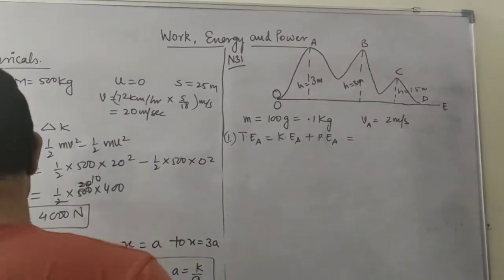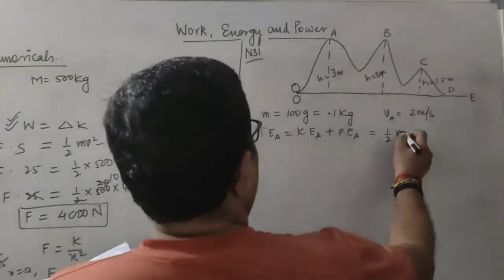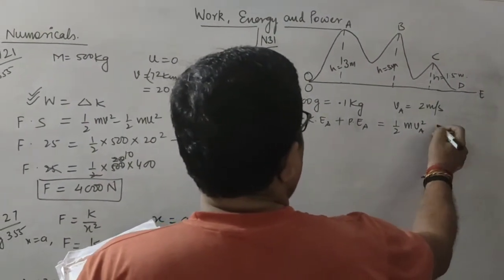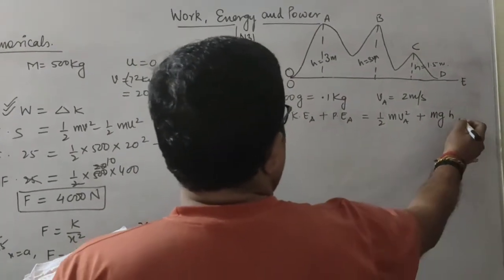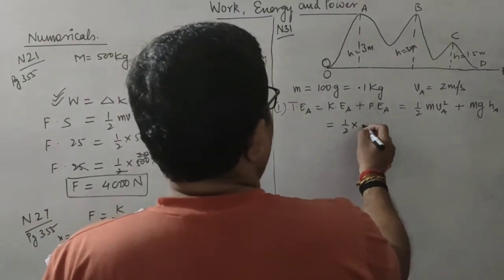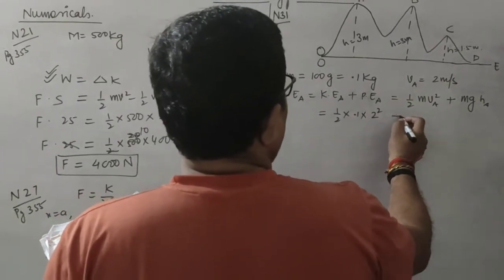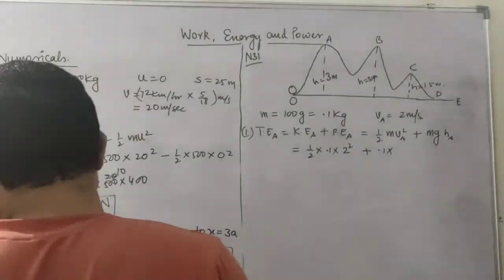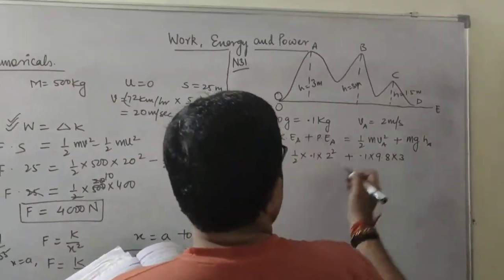I am solving for you. So total energy: kinetic energy is half mVA square, plus potential energy, that is mgh for A. So half into 0.1 into VA square, that is 2 square, plus 0.1. g is not given, I will take it as 9.8, and HA is 3.